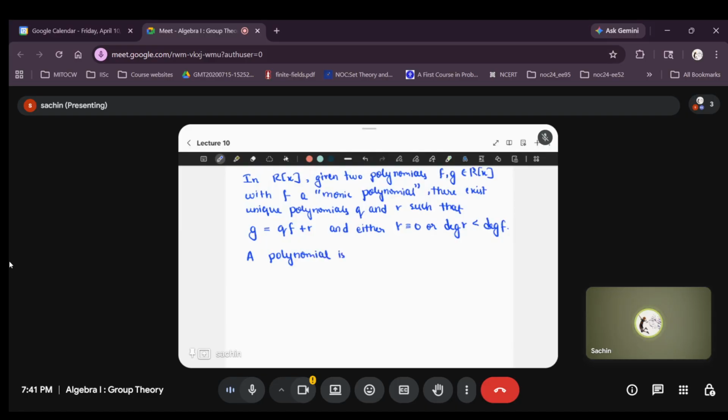We say a polynomial is monic if its leading coefficient is 1. The leading coefficient is the coefficient of the highest degree term.